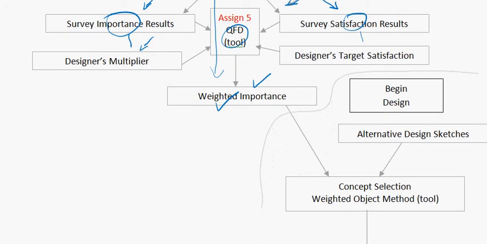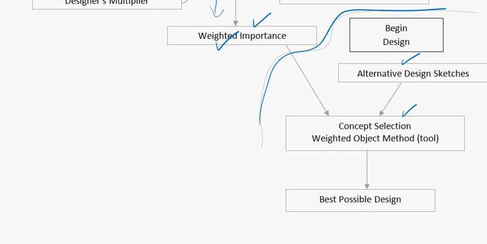With all of that in hand, that will complete the problem definition section of senior design, and you will start meeting with your advisor to begin the design process. The first step in the design process is alternative design selections and concept selections using something called a weighted objective tool. Now, all of this, we are convinced, will develop the best possible design.